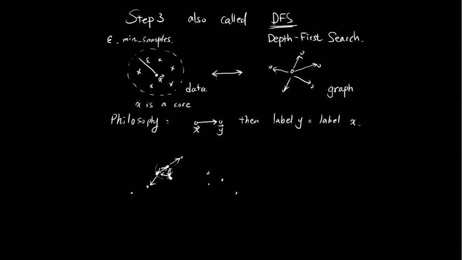If you look at this one, and maybe I say it is not a core, so this one has no arrows coming out of it. It just stops here. And this one is even worse. It is not a core. And say maybe here it is a core. These 3 points have the same behavior as the one on the left. And this one is a core. It has a neighbor to the right.